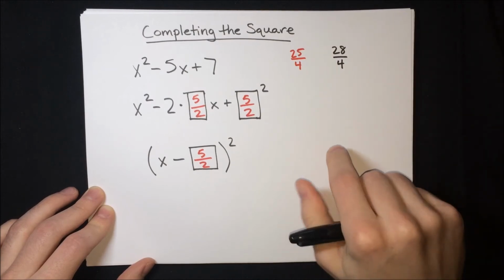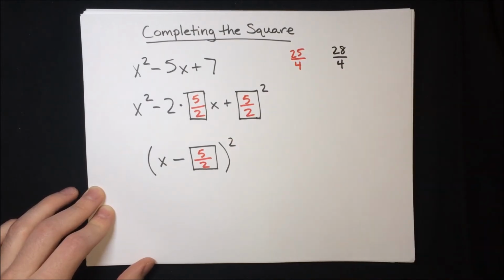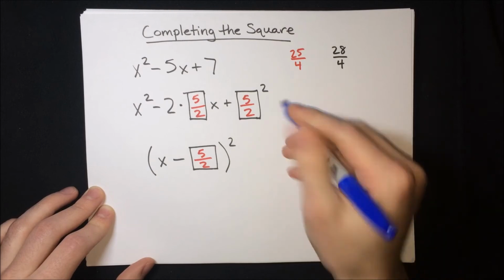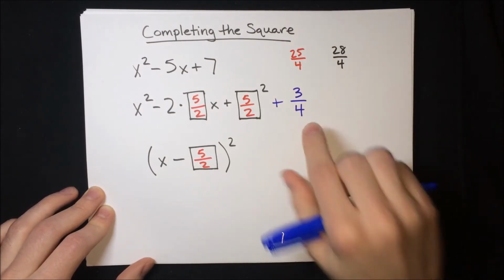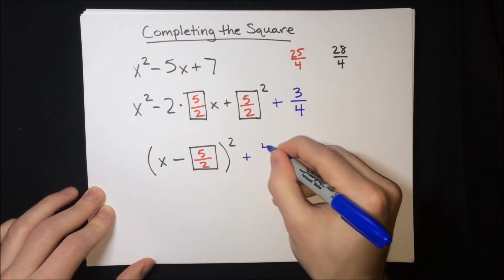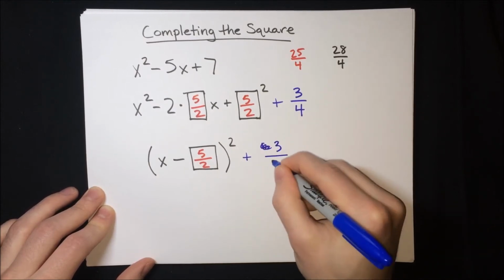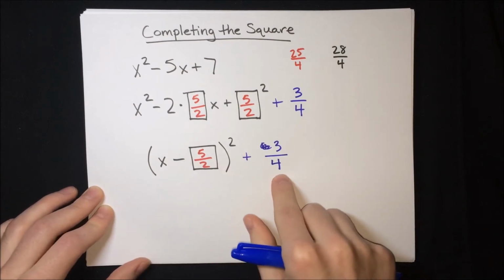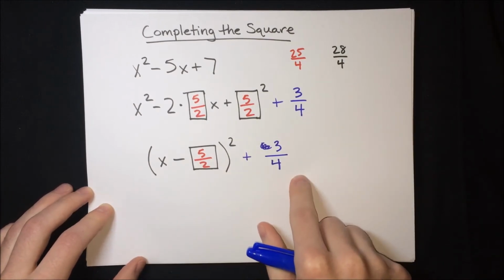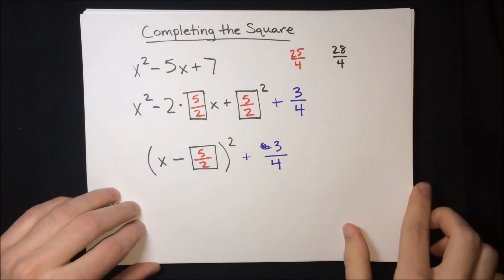So what do we have to add or subtract to get from here to here? Well, we have to add 3 over 4. And then we just bring down that plus 3 over 4, and there's our perfect square plus or minus a constant. And that's it, we're done. One last example.